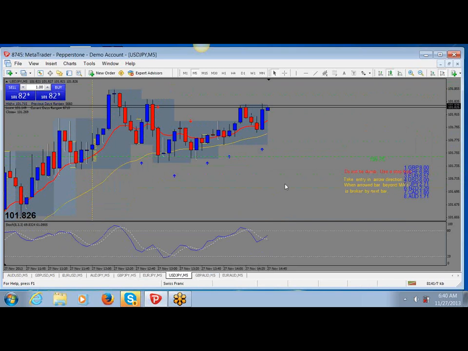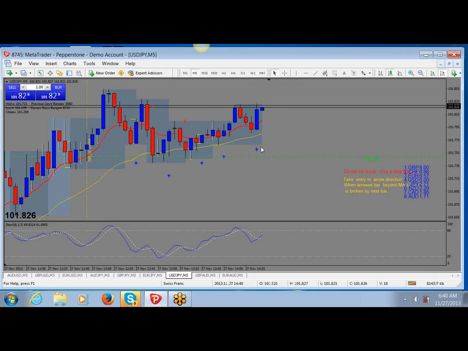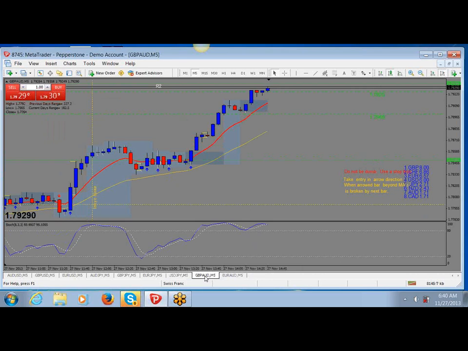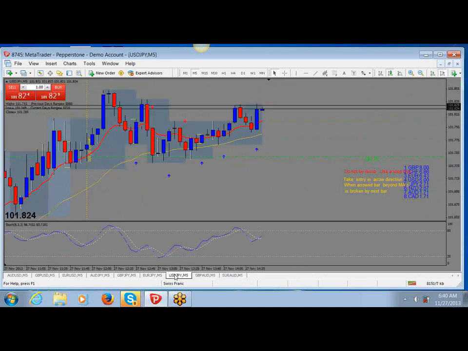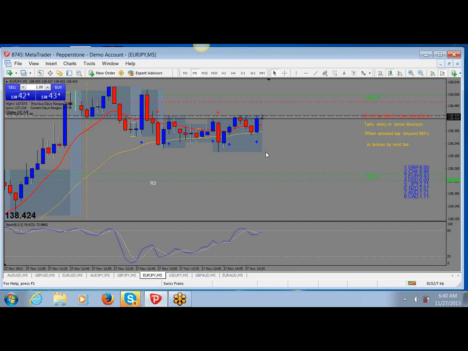There's a dollar yen signal with trend. Come on.